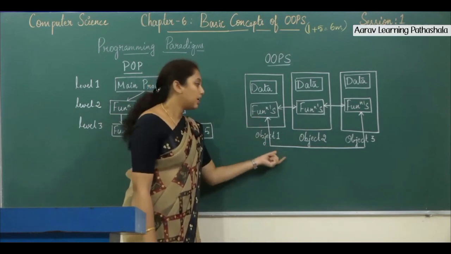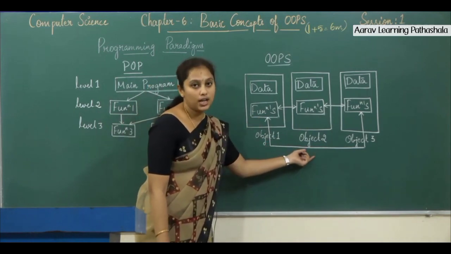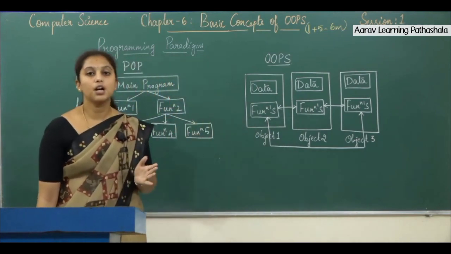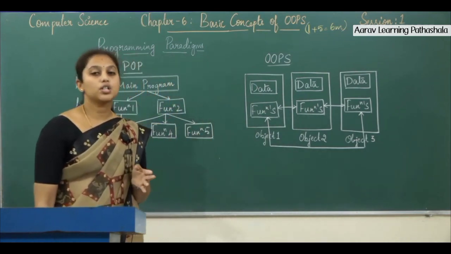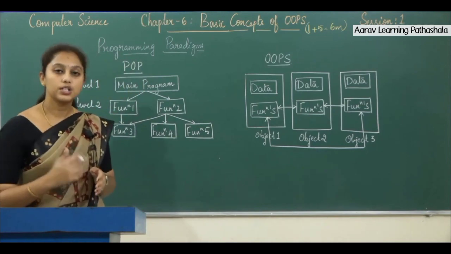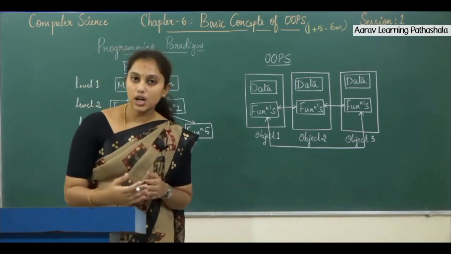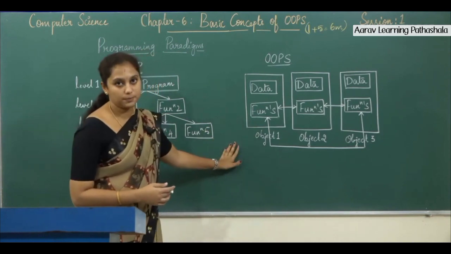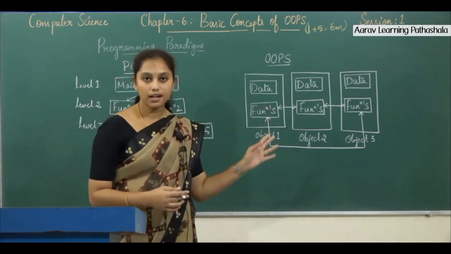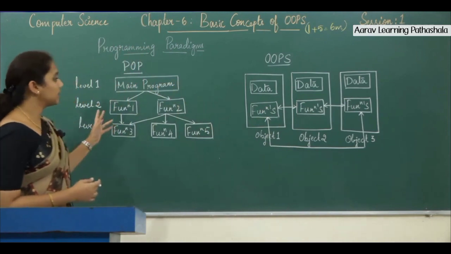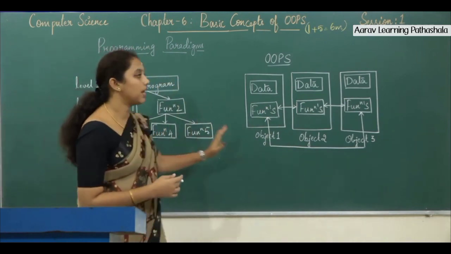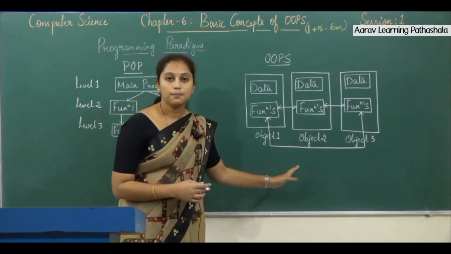So this employs a bottom-up programming model. High-level languages like C++, C#, Python and Java employ this type of programming model. So this is about programming paradigms and its types, that is procedure-oriented programming as well as object-oriented programming model.